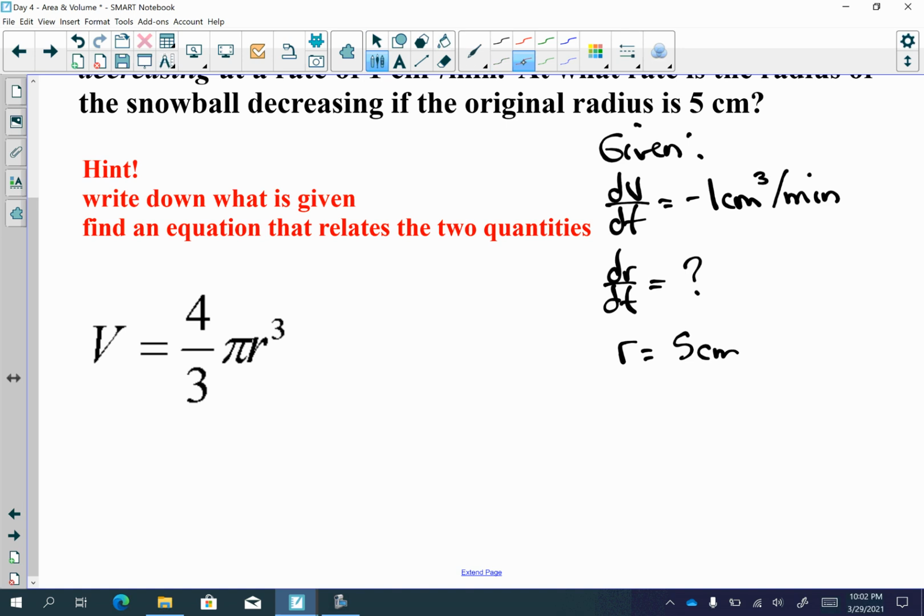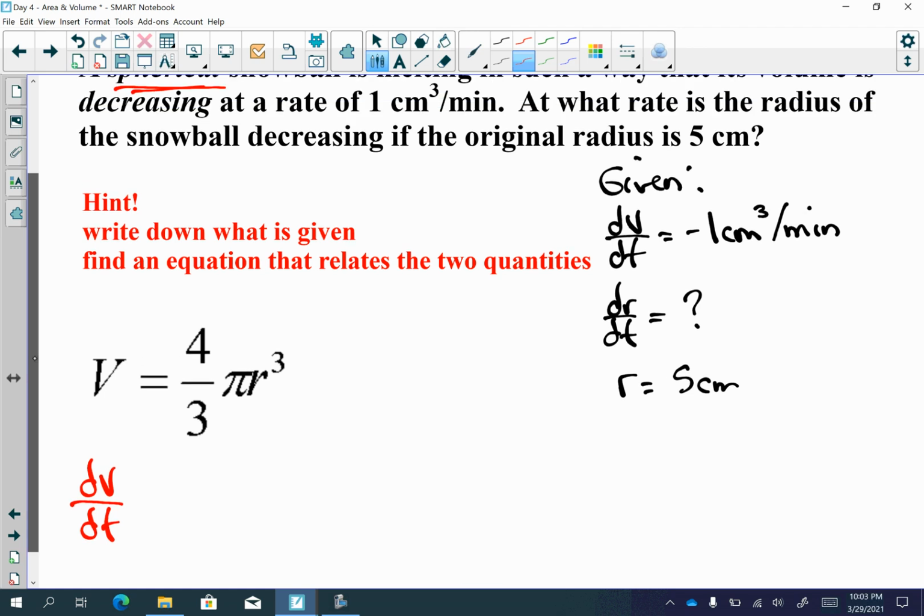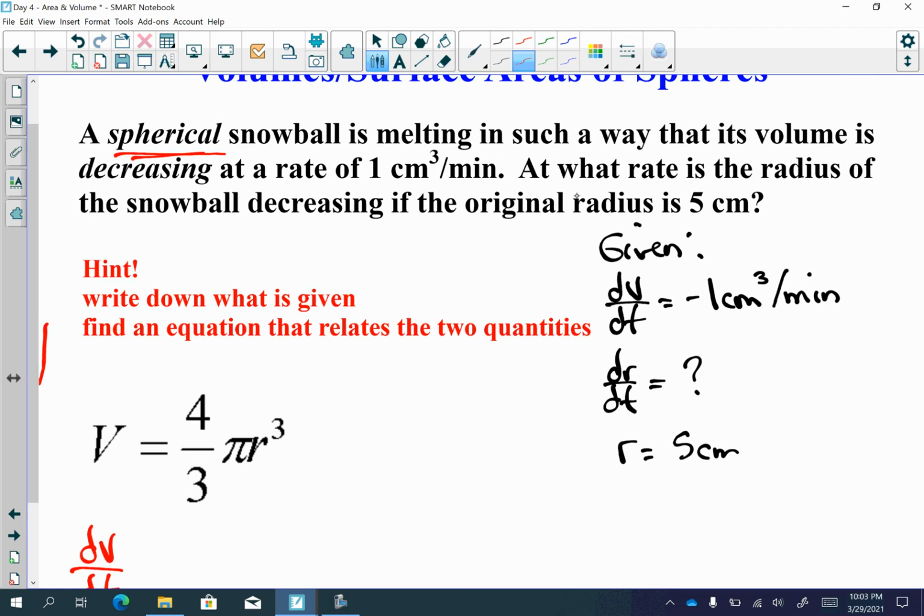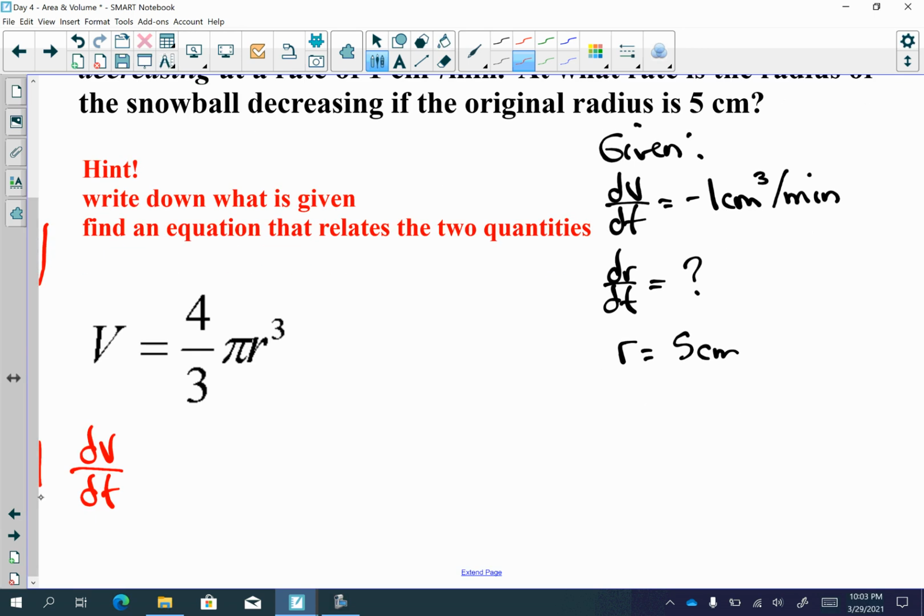I'm going to differentiate both sides with respect to time. Again, I don't want to fill the 5 in here right now because that quantity is changing. The radius is what it's asking us to find. At what rate is the radius of the snowball decreasing? Well, I know the radius is changing, so don't fill it in yet.